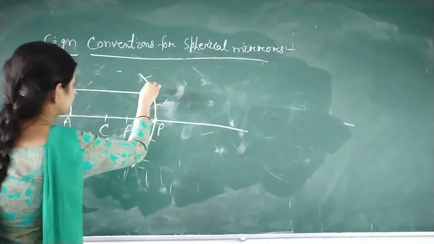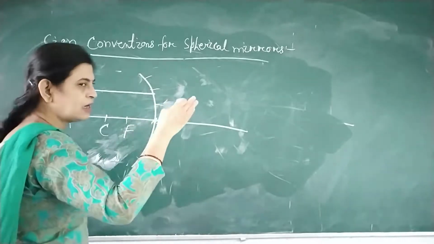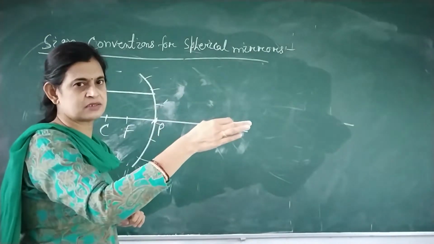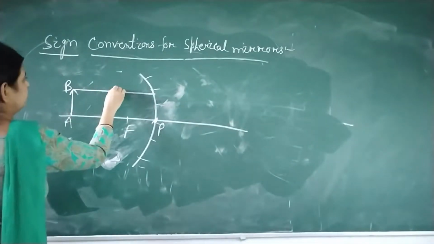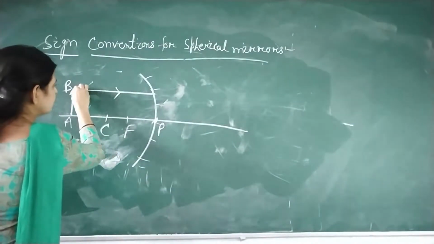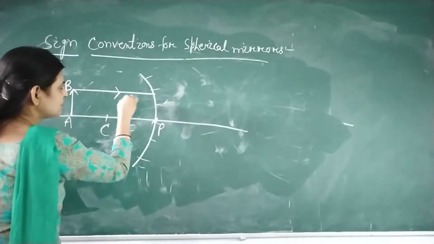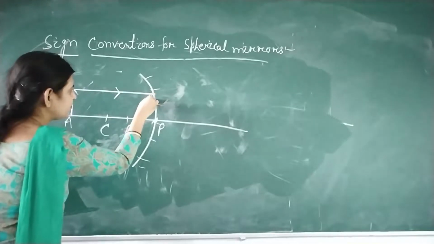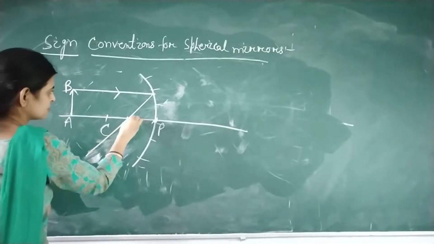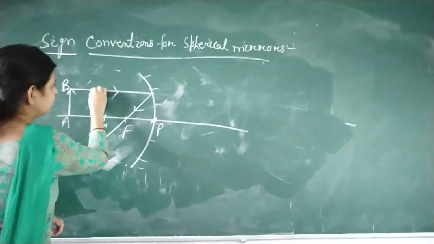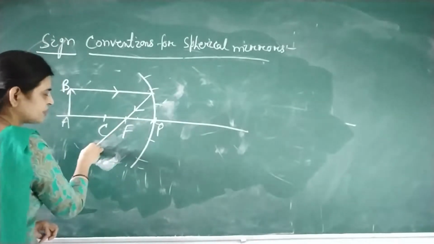So, applying the rules which we already discussed in the previous lecture. This is your first rule: the incident ray is parallel to the principal axis, then it will reflect back through the focus. This is your first incident ray and this is the first reflected ray.